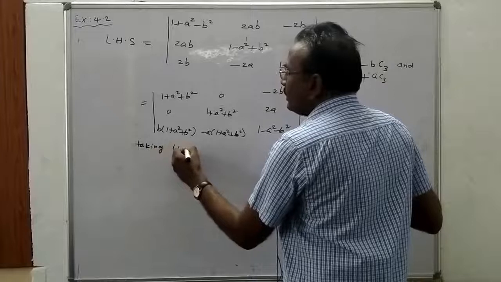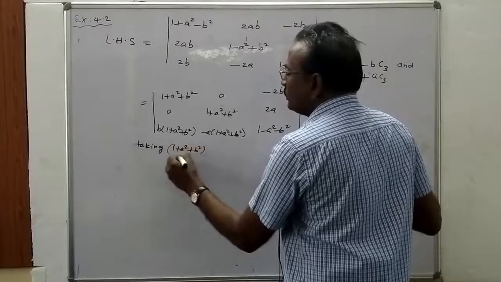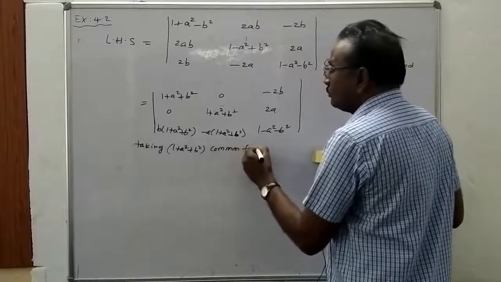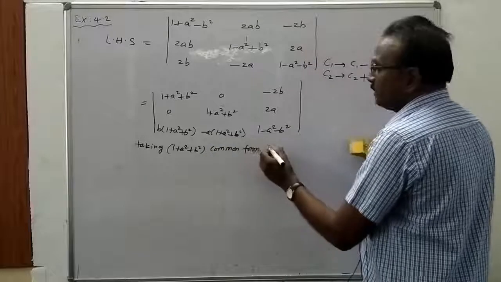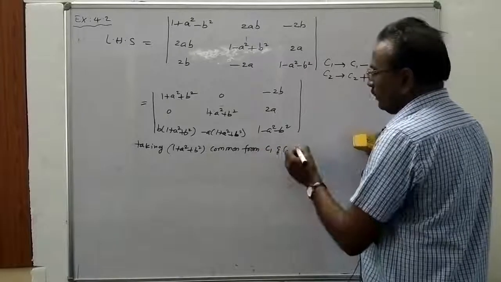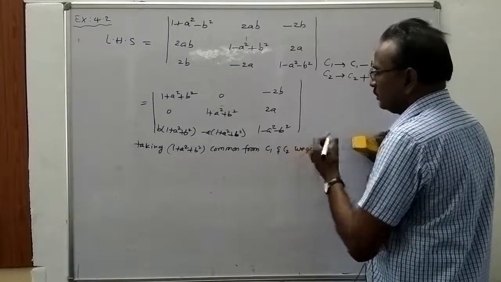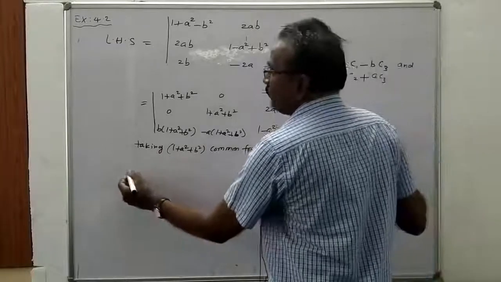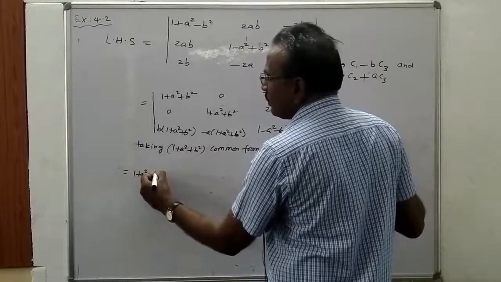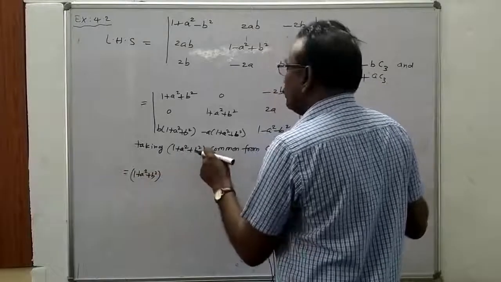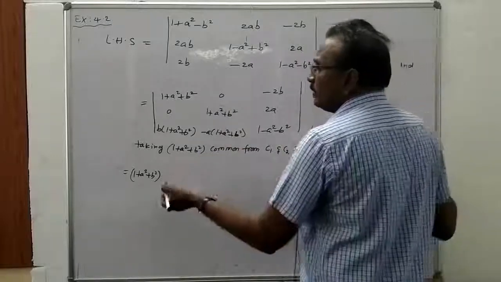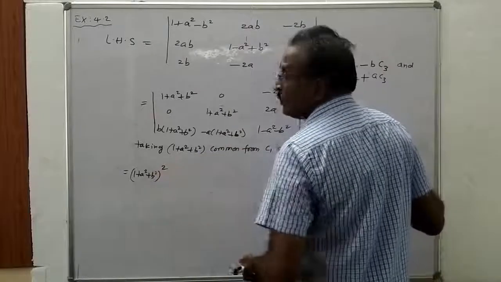You are taking 1 plus a square plus b square common from C1 and C2. We get in the first column 1 plus a square plus b square, take outside, into again in the second column also take 1 plus a square plus b square, take outside, so that becomes 1 plus a square plus b square whole square.